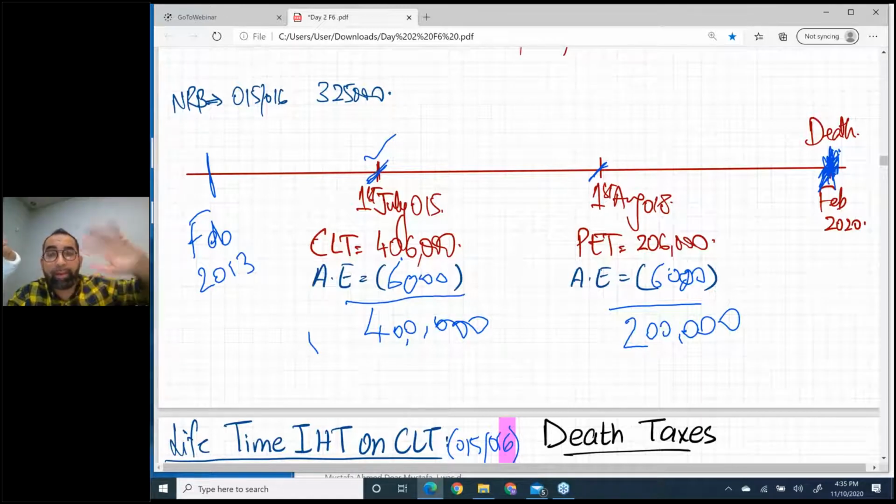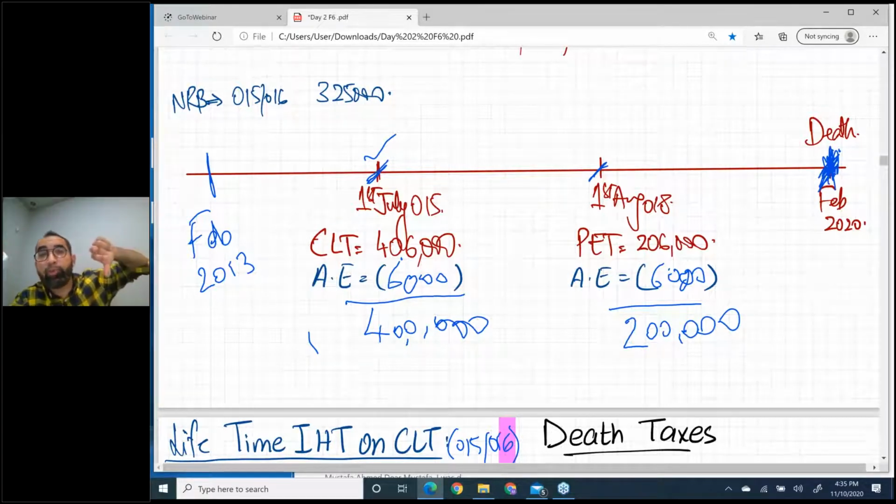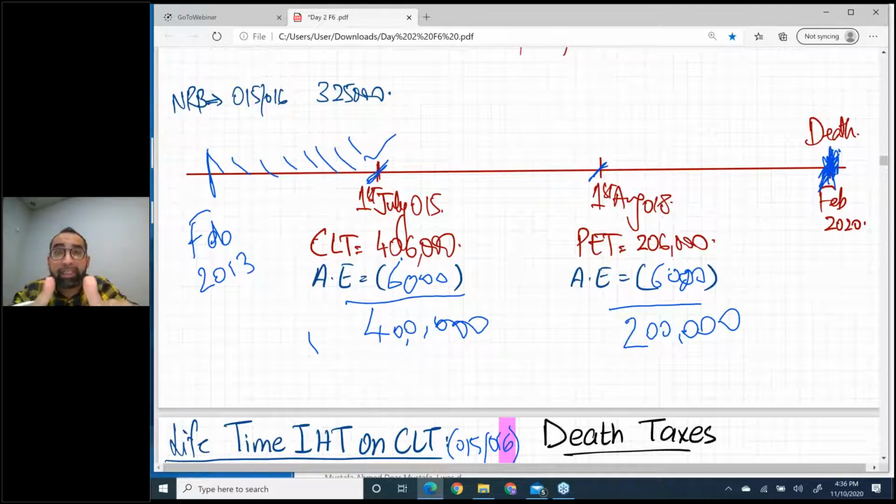Now look at my face, my camera, my fingers. From the last 7 years, now you have to walk left to right. Which gift is coming first? CLT. Left to right is mandatory. Don't forget: you go 7 years back from the date of death, and then you start walking left to right.